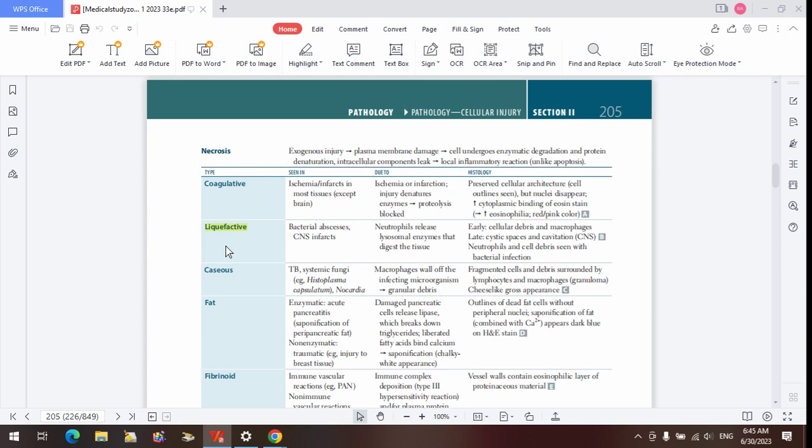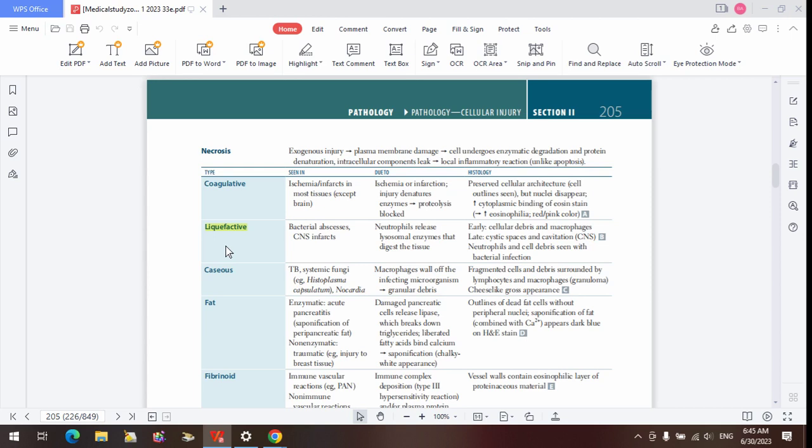Neutrophils contain lysosomal enzymes. The lysosomal enzymes are there to degrade the bacteria, but in the process, they can degrade some part of the neighboring tissues too, and they liquefy them. That's what those hydrolytic lysosomal enzymes do.